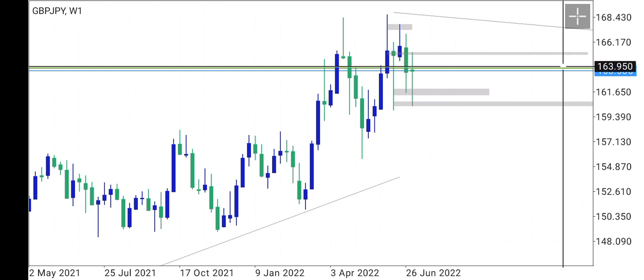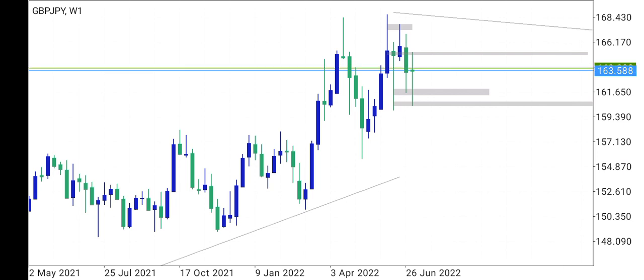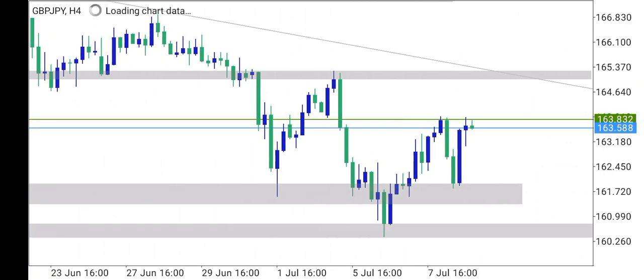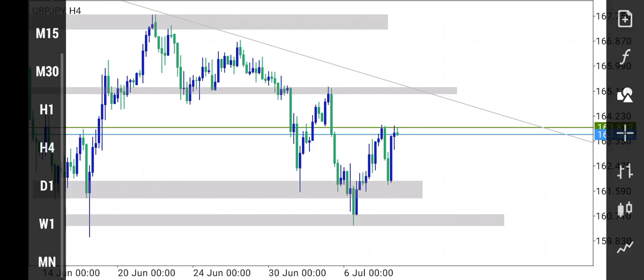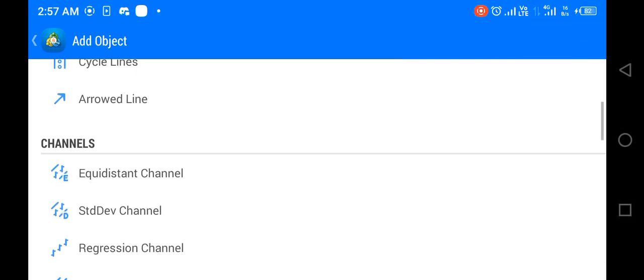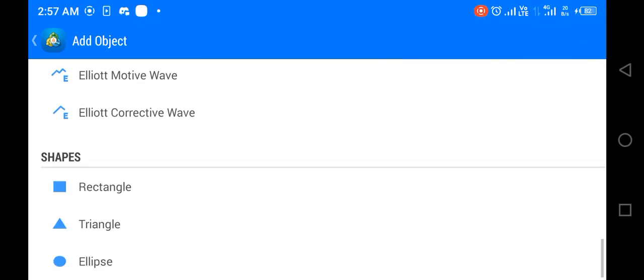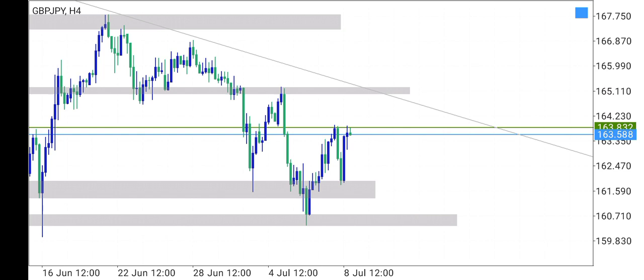So you go back to your H4, since you have marked it out. Now you can see that this is kind of an inverted head and shoulder pattern.